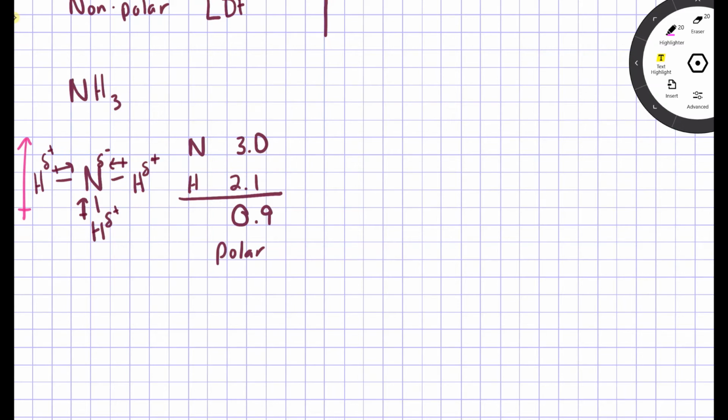I have a vector going this way, I have a vector going this way, so they're going to cancel out. And then the other vector that I have is pointing up, and there's nothing to cancel it out. So the overall molecular polarity is going to be up.